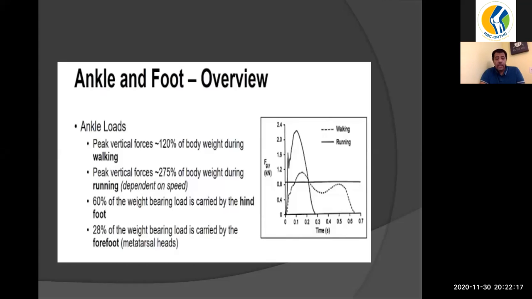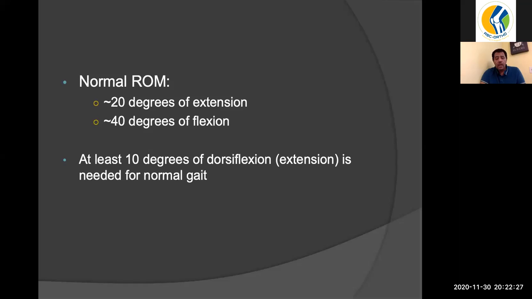And 28% of this amount is carried through the forefoot. So in conclusion, you need a normal ankle, normal hind foot, and normal forefoot to allow us to walk normally or run normally.